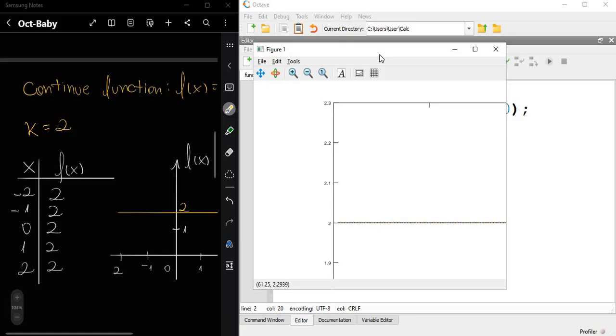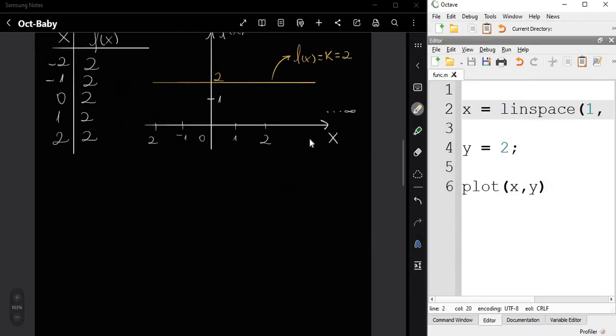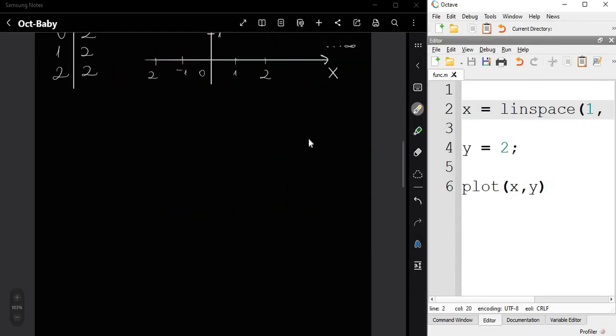And what else can we add to this discussion? We can take the limit of this function.